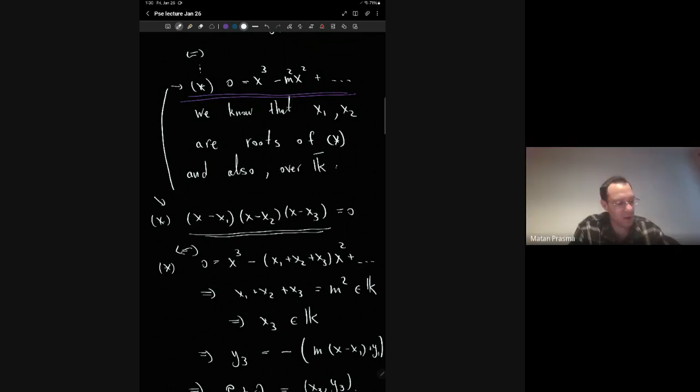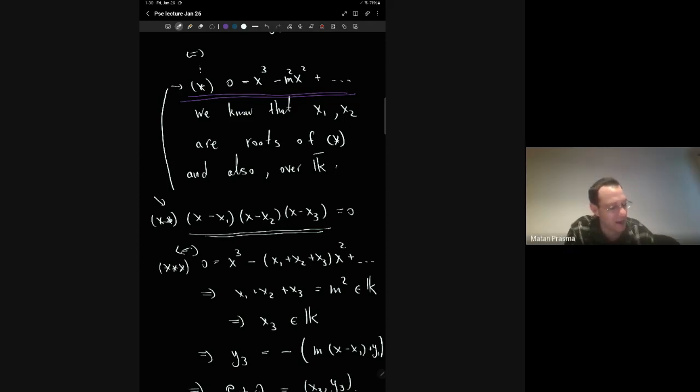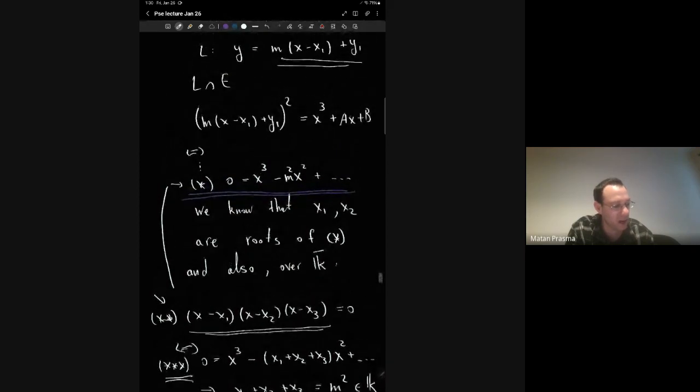So now I open up the brackets in, maybe we call it, double star. I open up the brackets in double star and I get, here we can say, triple star. I didn't do the calculation, but this you can believe. I get triple star.